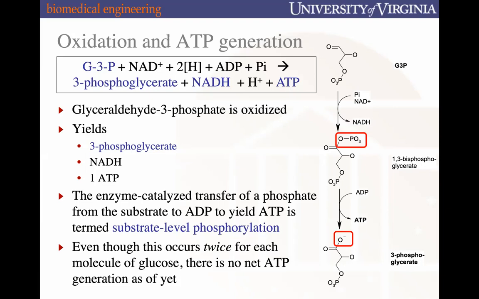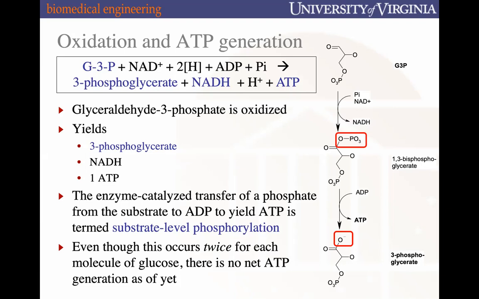And so the input again here is going to be 1 G3P, and an NAD as well as an ADP. So again, the NAD is going to be serving as the electron acceptor, as well as now producing 1 ATP.